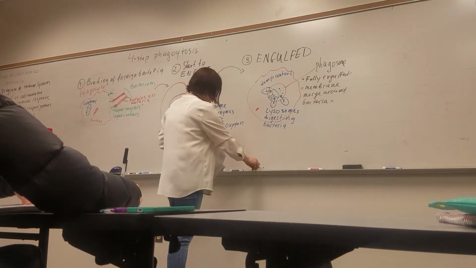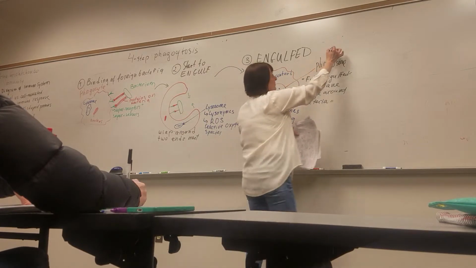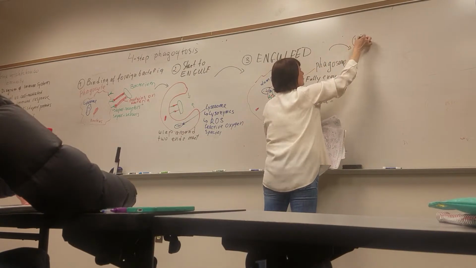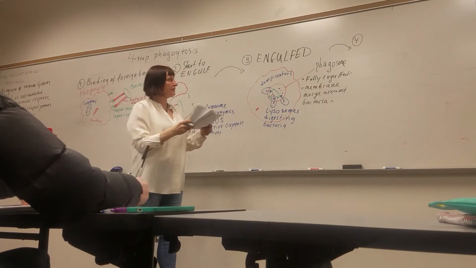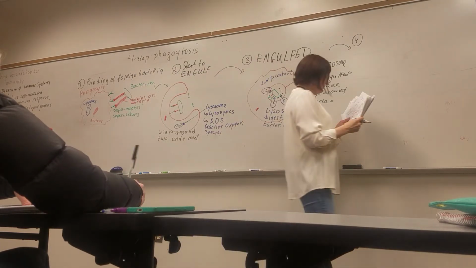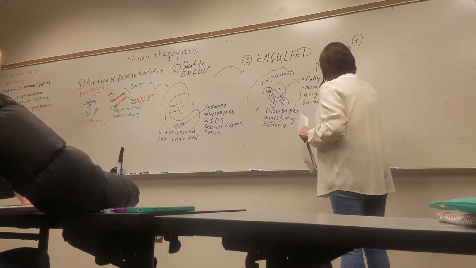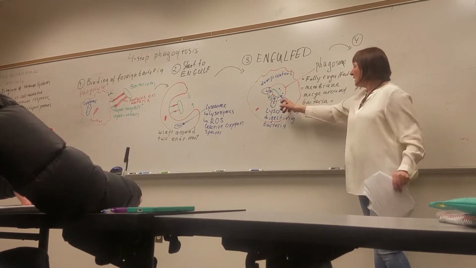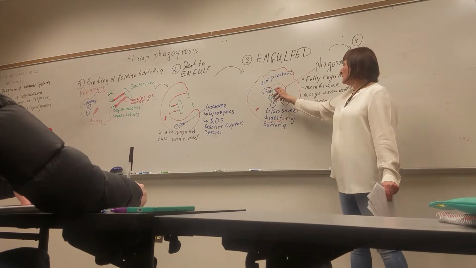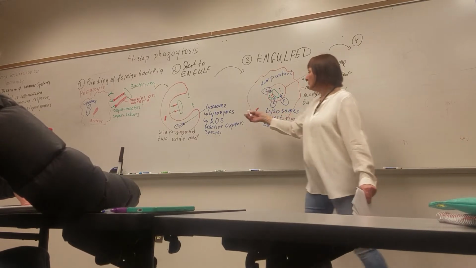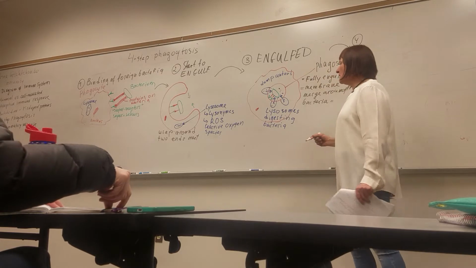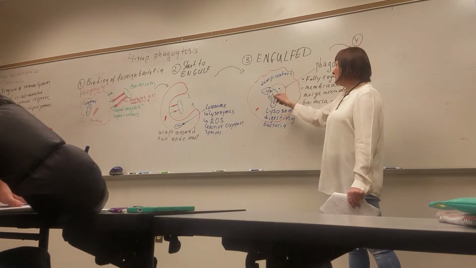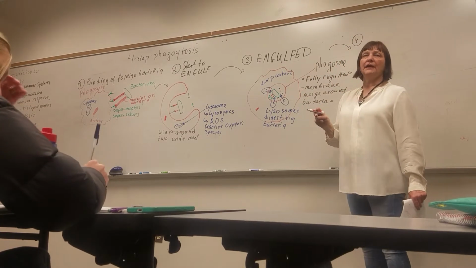And after this comes the last step, an important part you should not forget for the exam. I will emphasize what I'm talking about. It means after some time, after lysosomes dump their harmful chemicals, lysozymes and reactive oxygen species, they start digesting.